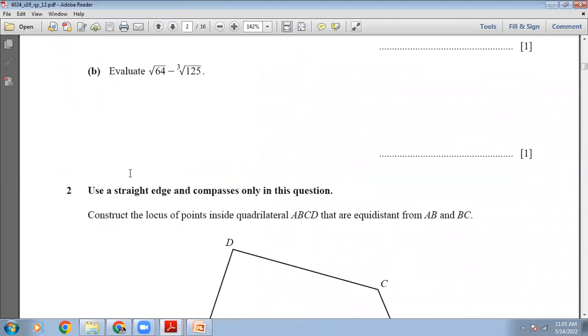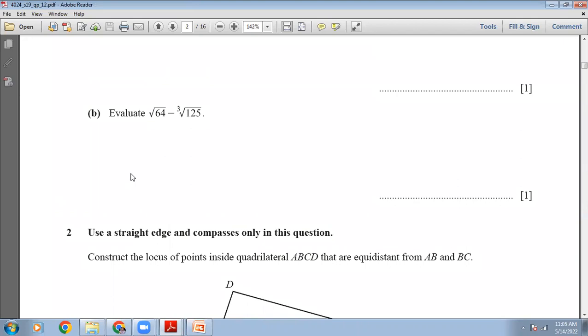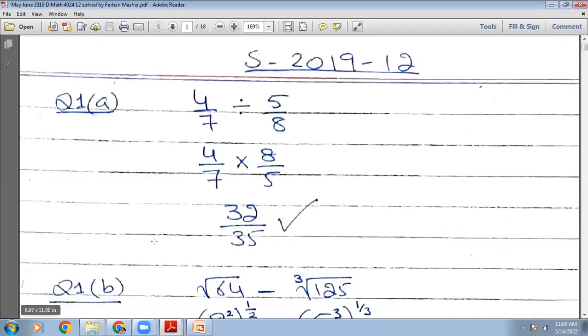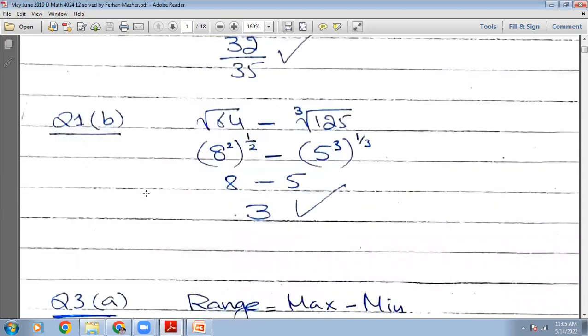Okay, the B part is, he says, evaluate square root of 64 minus the cube root of 125. You can prime factorize 64, and you will see that 64 is basically 8 square, 125 is 5 cube. So 8 square raised to power 1/2, square root means raised to power 1/2.